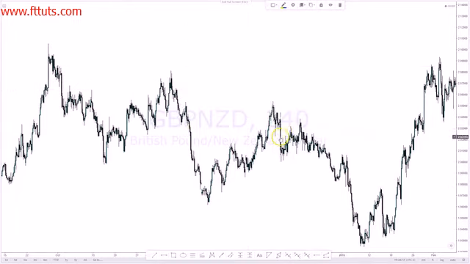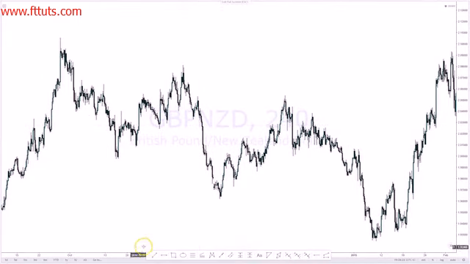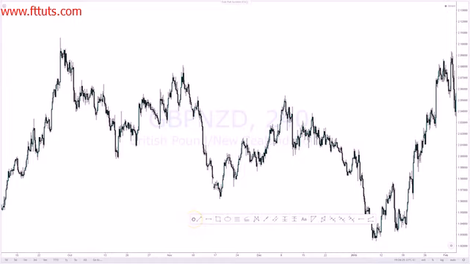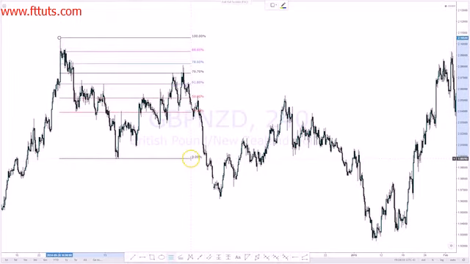Alright, so we're on GBP New Zealand right now. So we're on the 4-hour chart here back in 2015 December. Once again we're going to start measuring out a Fibonacci, right? Impulse high to low. We got a 786 tap right there, near miss.